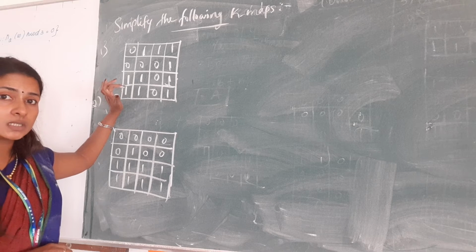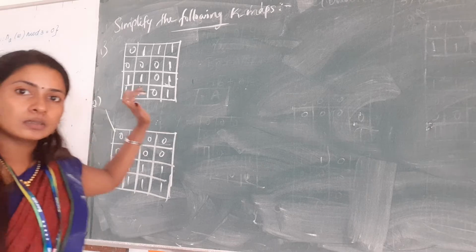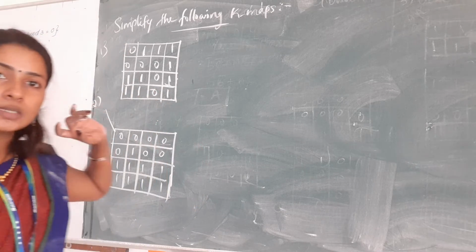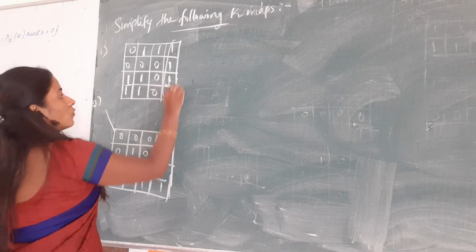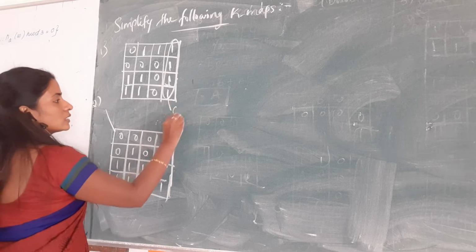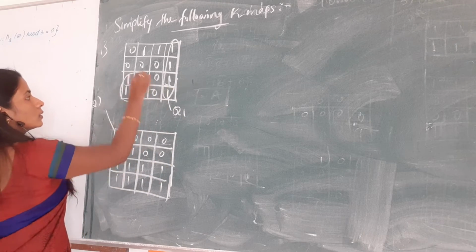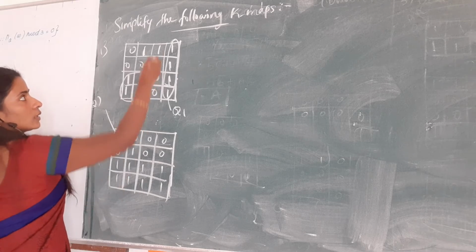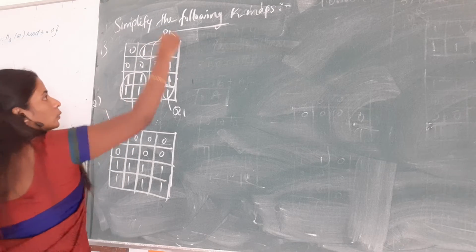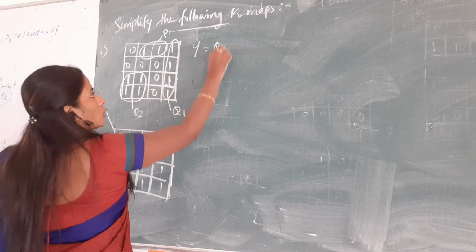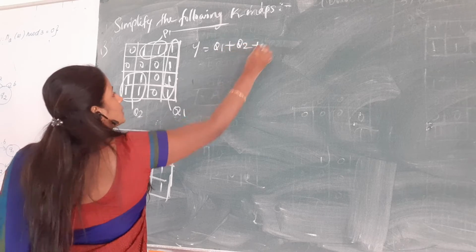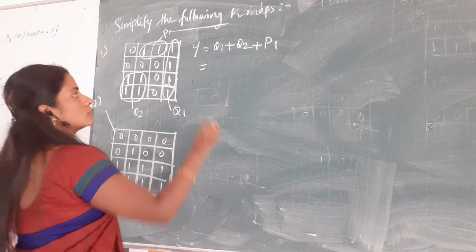How many quads? 2 quads. This is quad 1, this is quad 2. The last one is pair 1. So my Y will be Q1 plus Q2 plus pair 1 equal to.